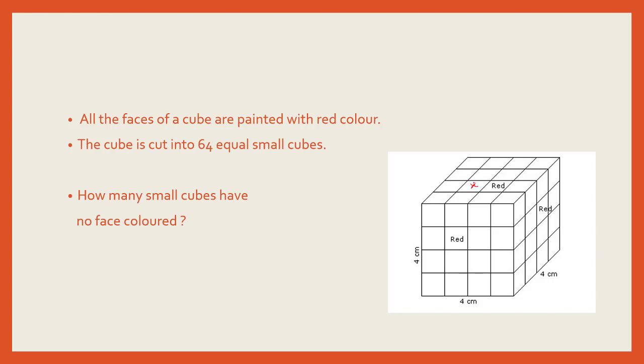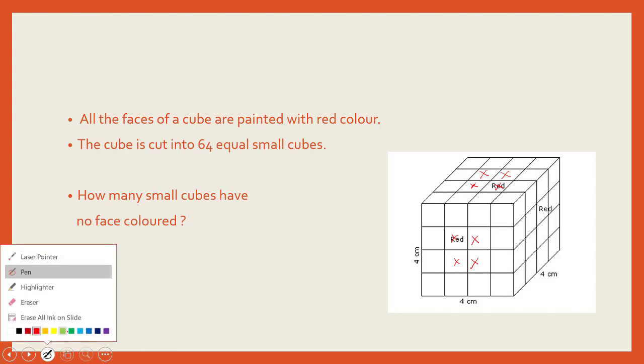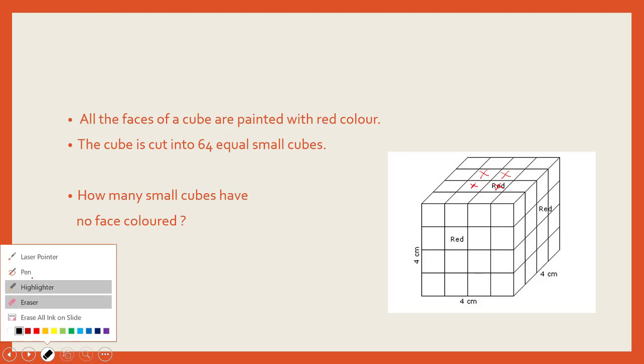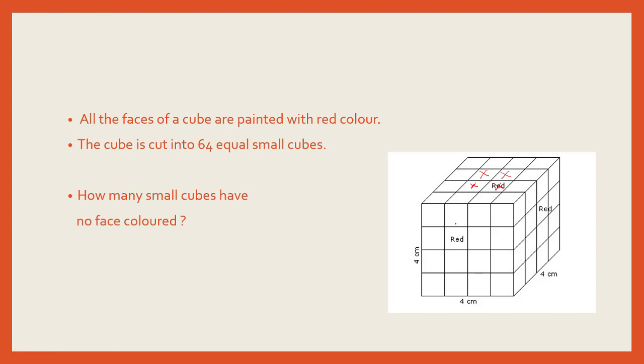The place where I have put a cross, and here that I have put a cross, or rather than cross, not cross, let me change my symbol here, let me say a tick.